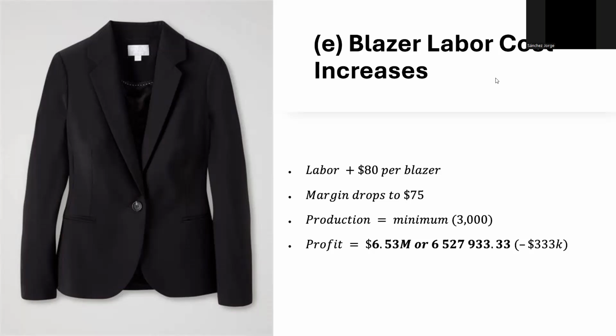As a result, the model cuts blazer production to the minimum of 3,000 units, just enough to fulfill commitments. Resources that were previously allocated to blazers now go to other sections with better margins, like skirts or camisoles.